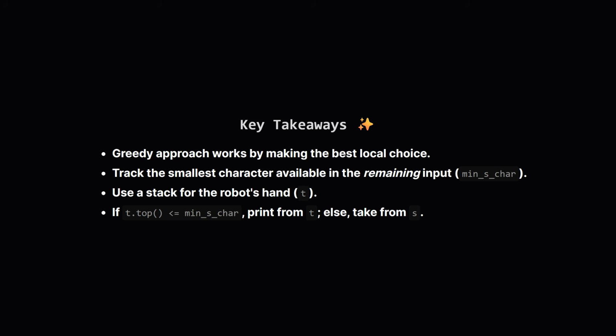The rule is pretty simple then. If the character on top of the hand t is smaller than or equal to min_s_char, or if s is all used up, then it's safe and optimal to print the character from t. Otherwise, we should take the next character from s and put it into t, hoping to get a smaller character to print later. This ensures we always prioritize printing smaller characters as early as possible.